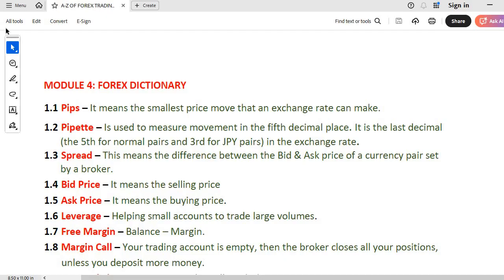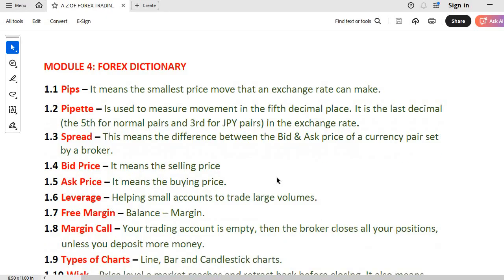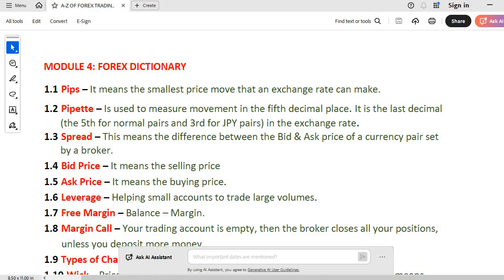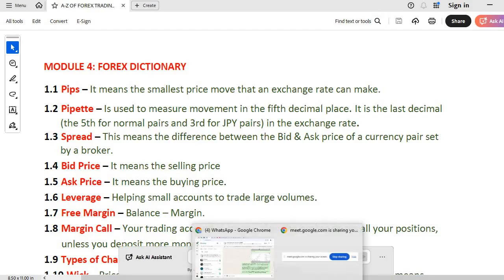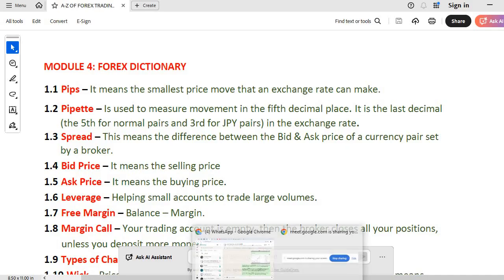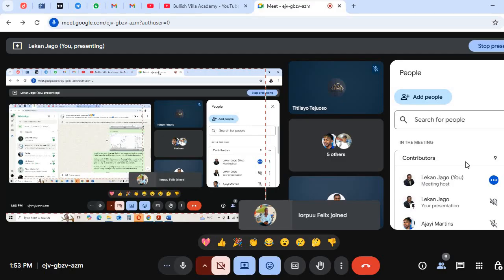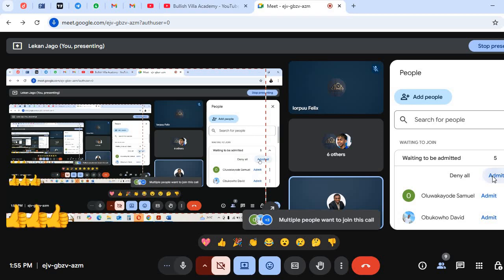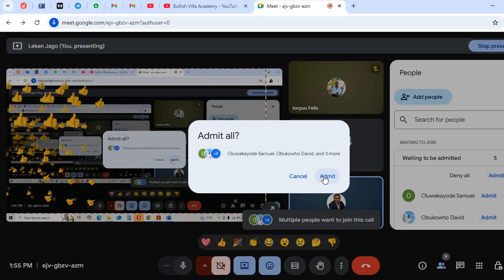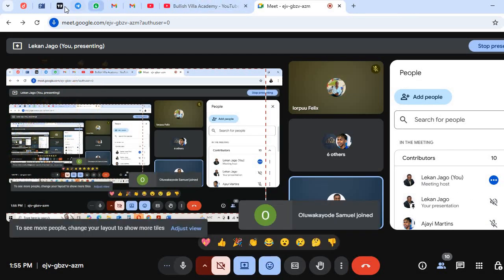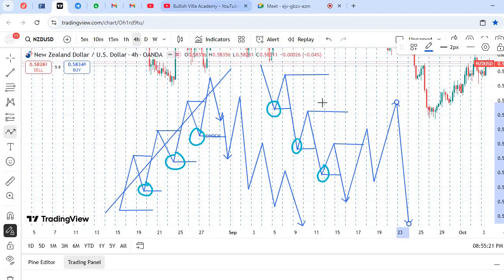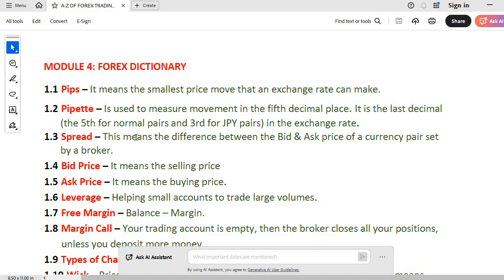Okay, I don't want to go into the calculation of this one. Let's start from spread. I want someone to read from me spread. Okay, so let's start from spread.